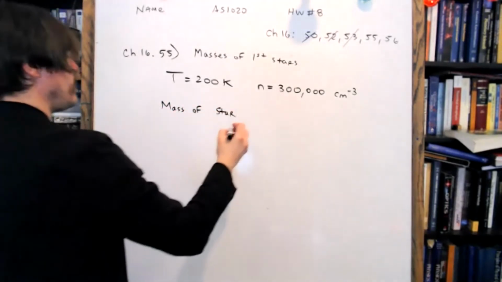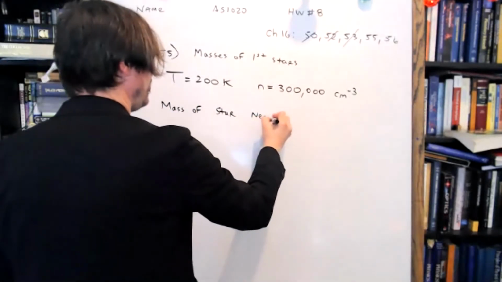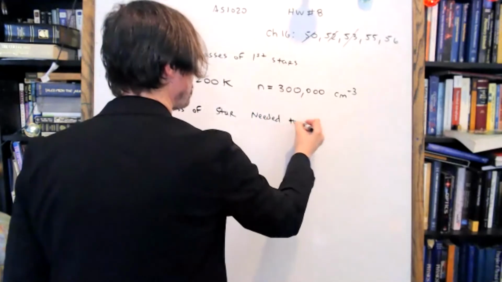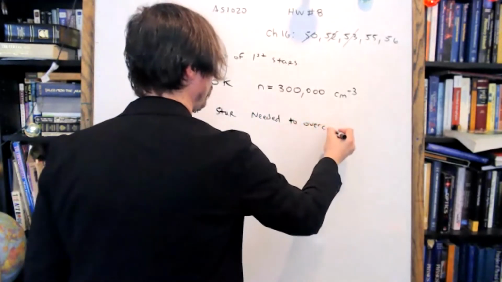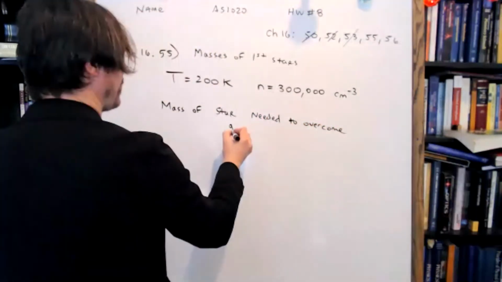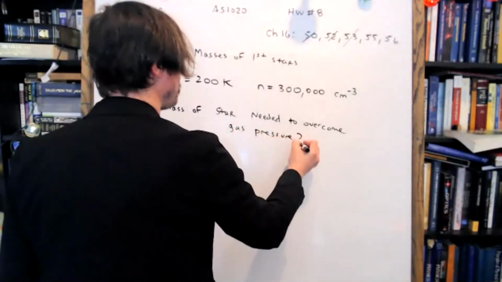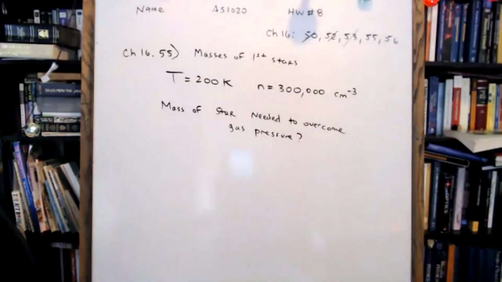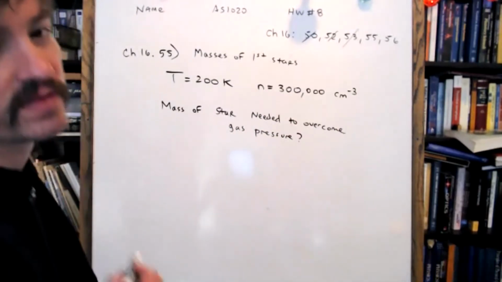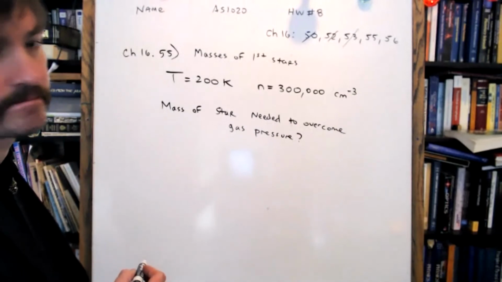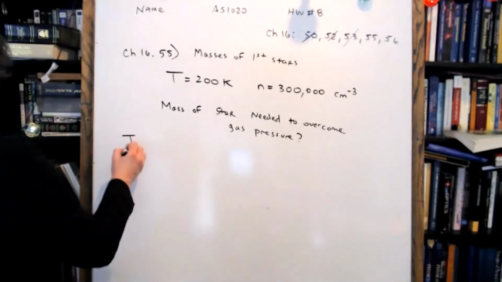So we need to know the mass of star needed to overcome pressure, to overcome the gas pressure. Do you guys remember we learned this formula today? What mass of star do I need to overcome the gas pressure and compress into a star? Oh, is it NKT?